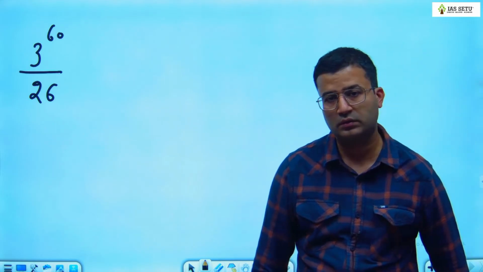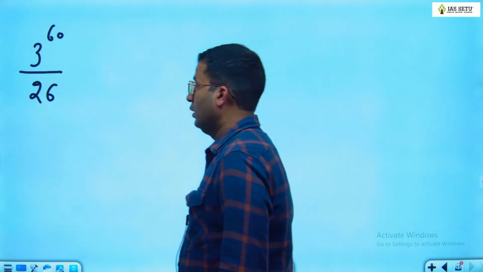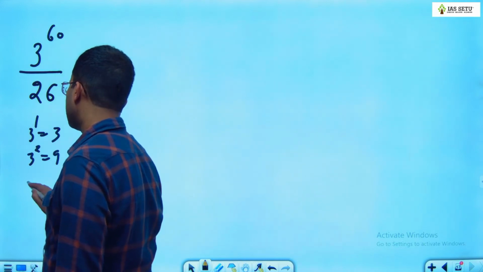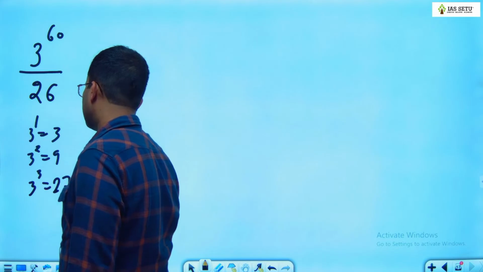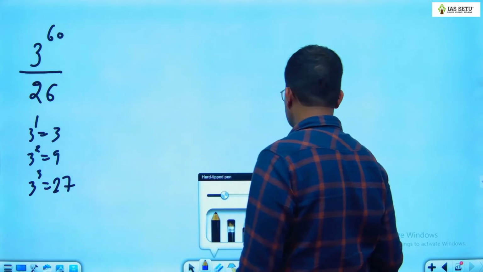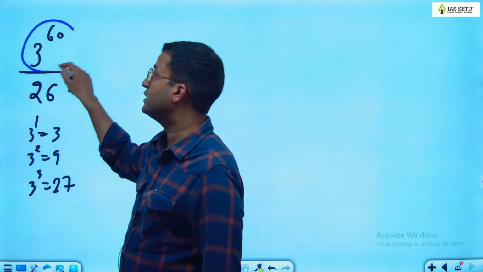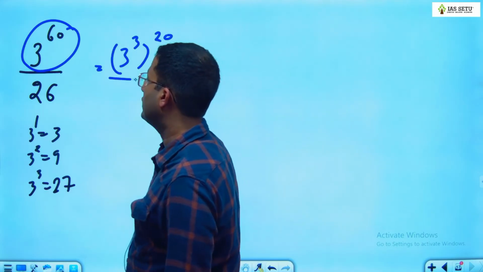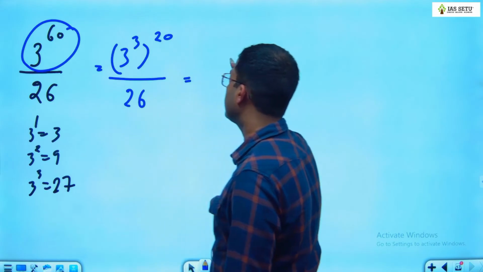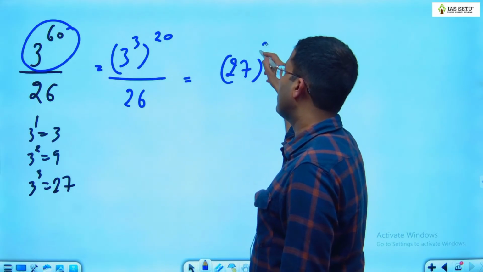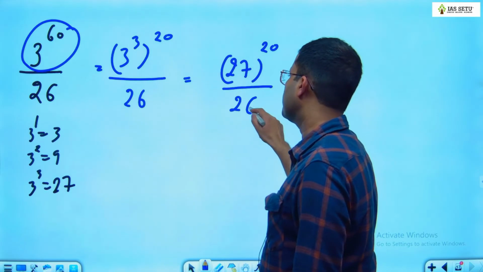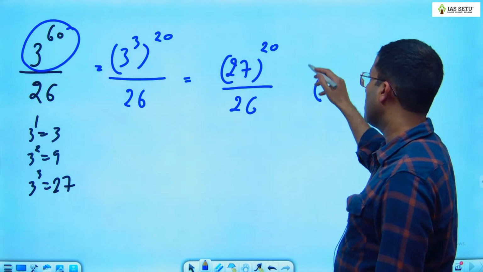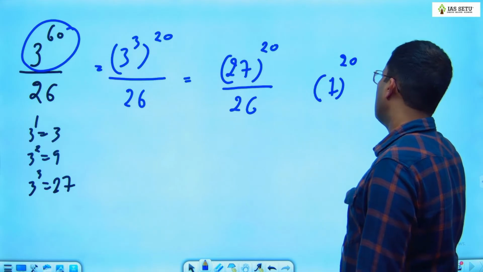Done. 3 to the power 1 is 3, 3 square is 9, 3 cube is 27. So we have to express it as a group of 3 cube. 3 cube bracket 20 divided by 26. 27 to the power 20 divided by 26. Every 27 with respect to 26 gives remainder 1. How many times? 20 times. Our answer is 1.